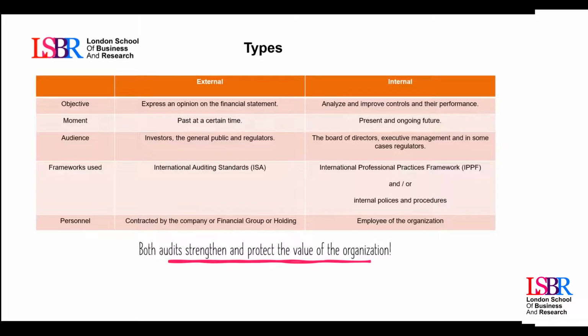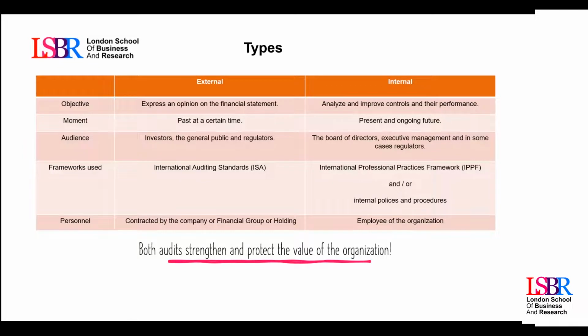Although the International Professional Practice Framework is not mandatory, so some internal auditors can use it, or if they don't want to use it, it's fine, because it's not mandatory. But in the case of the external auditors, it's necessary to use these international audit standards, it is mandatory.